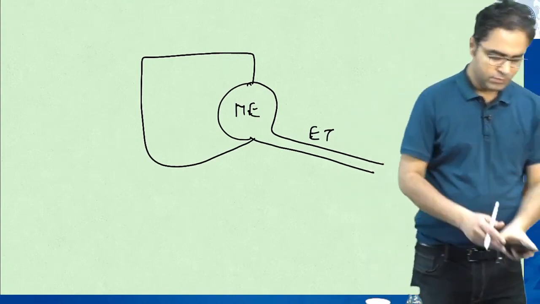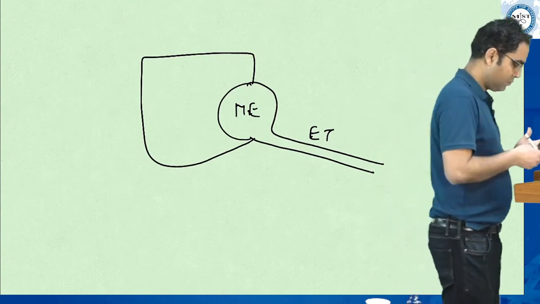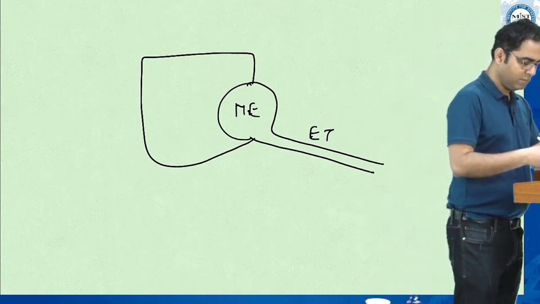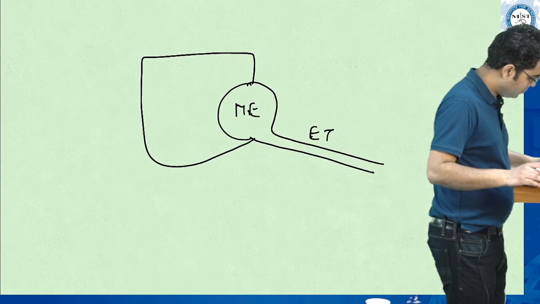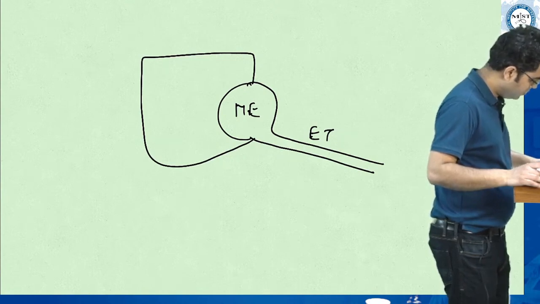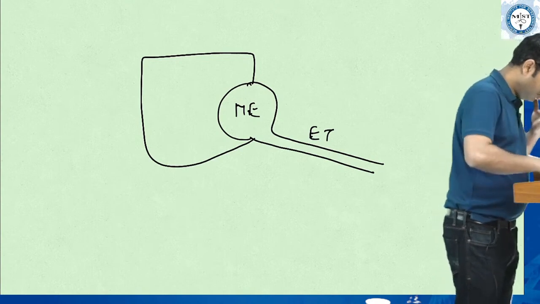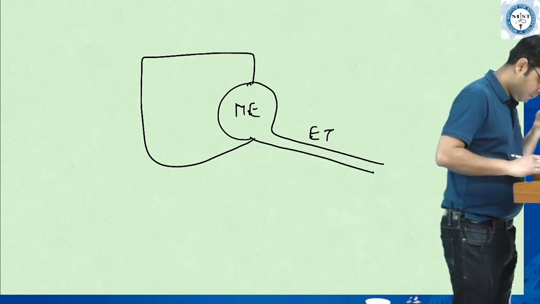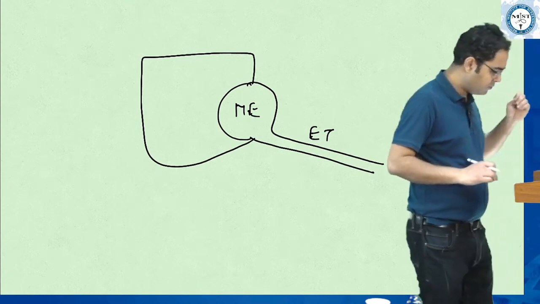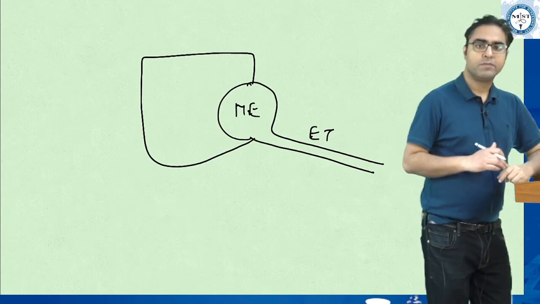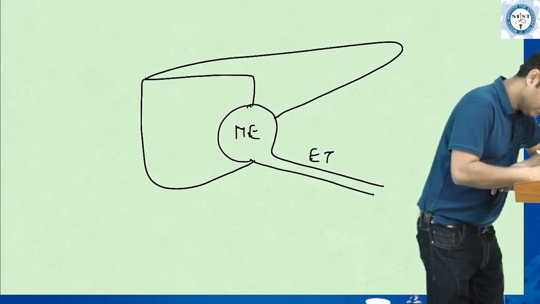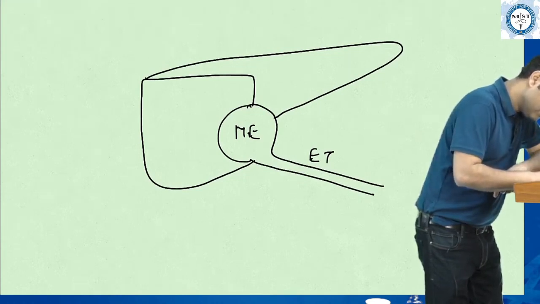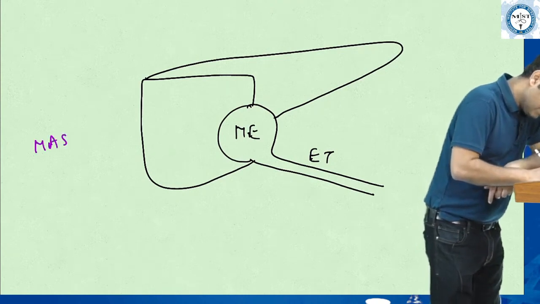Draw the petrous part of temporal bone. This is the mastoid part of temporal bone.